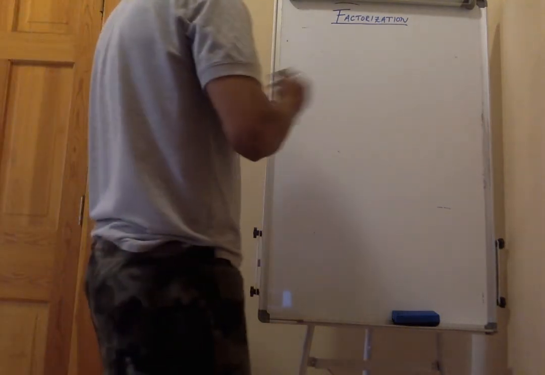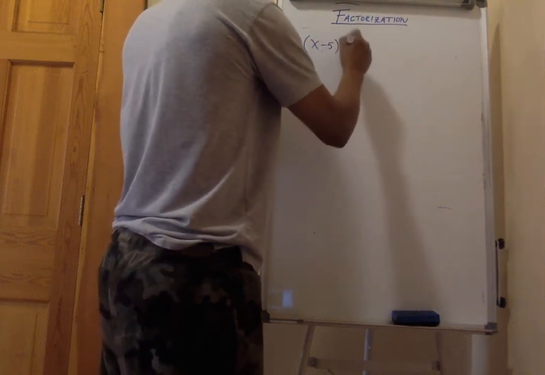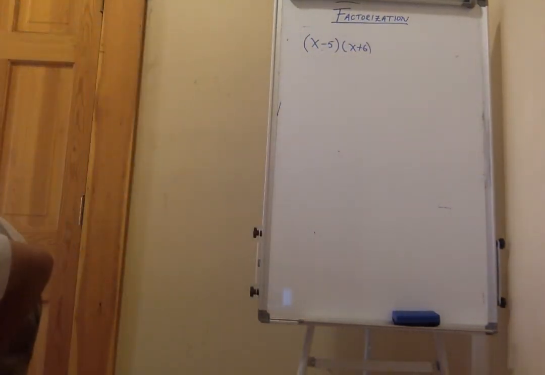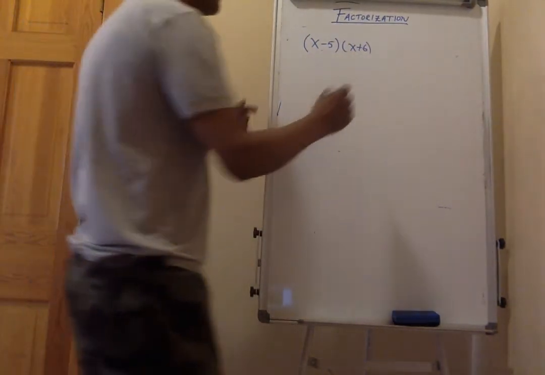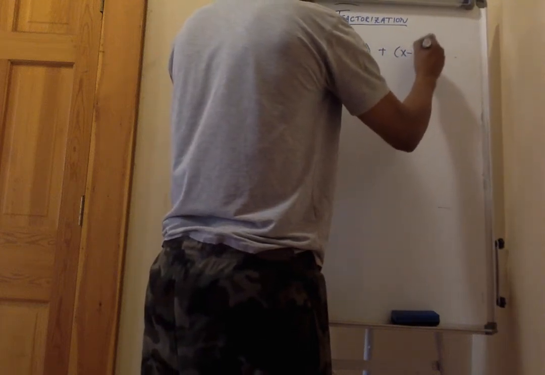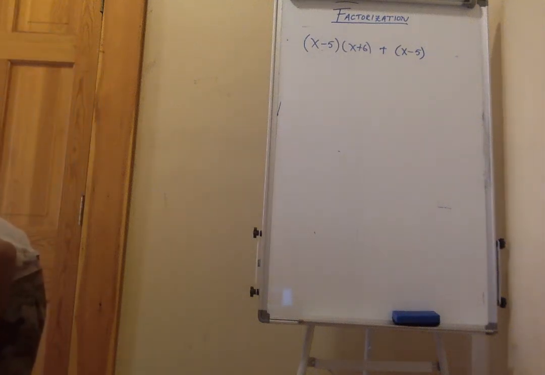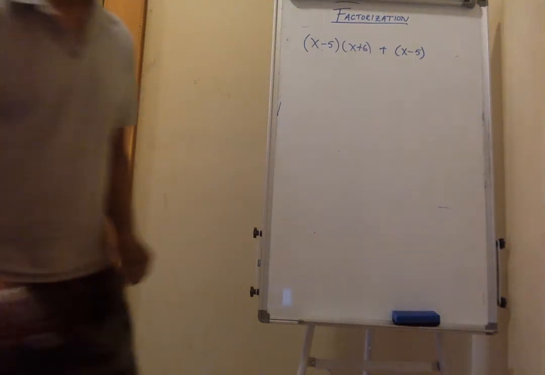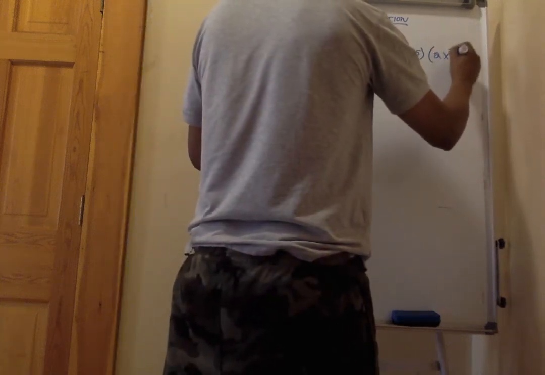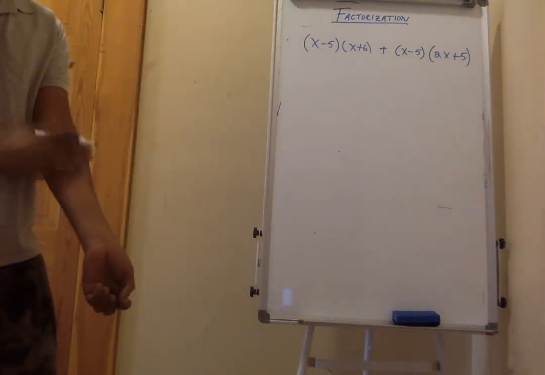You could see this: x minus 5 times x plus 6, plus x minus 5 times 2x plus 5. And you are asked to find the greatest common factor.